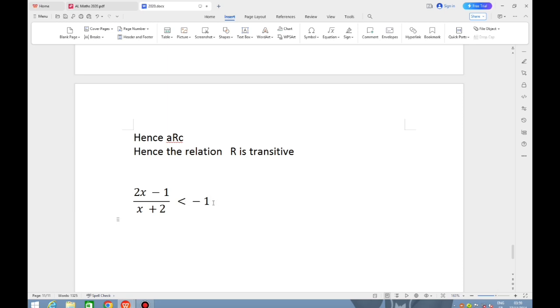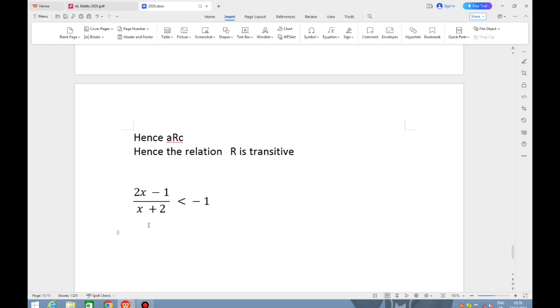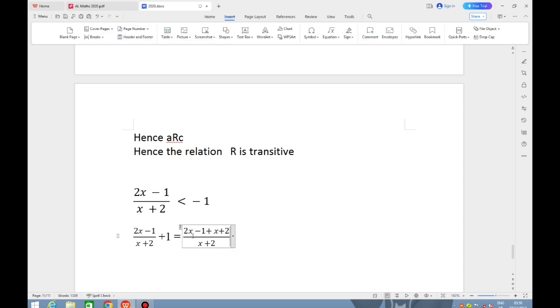So sending 1 this way, we add 1, and this is going to be equal to 2x minus 1 plus x plus 2, all over x plus 2. Yeah, so 2x plus x is equal to 3x.